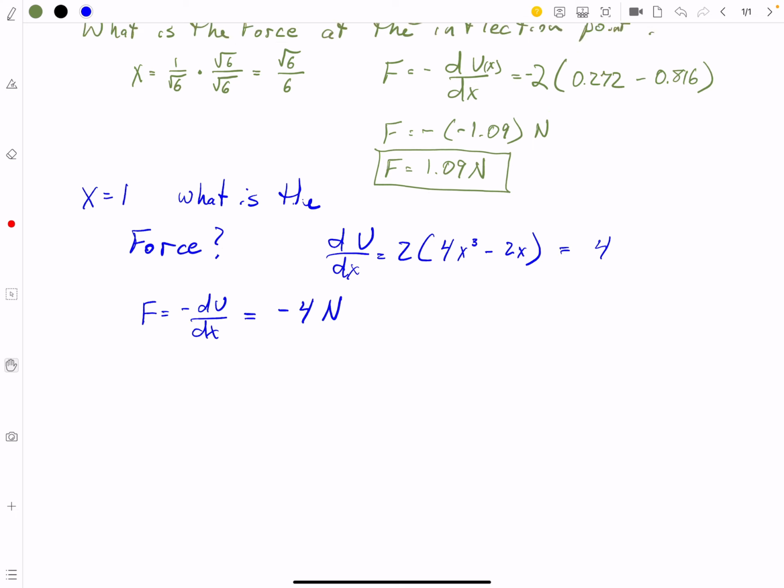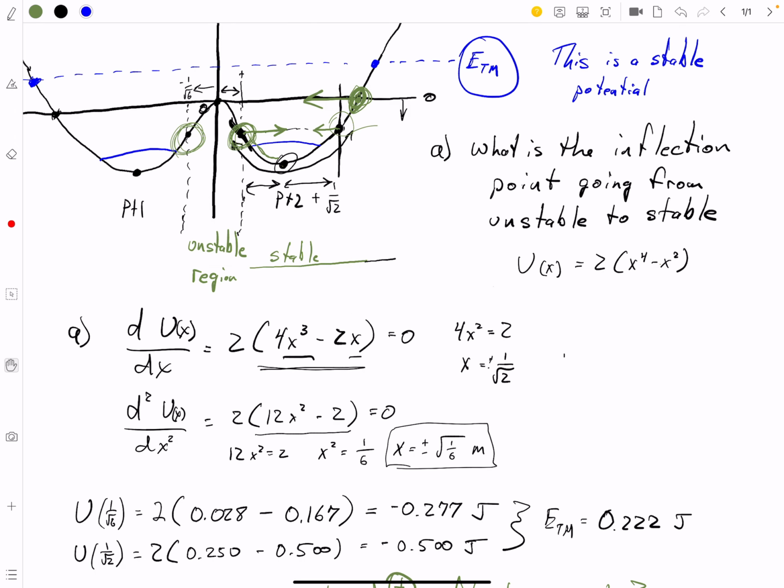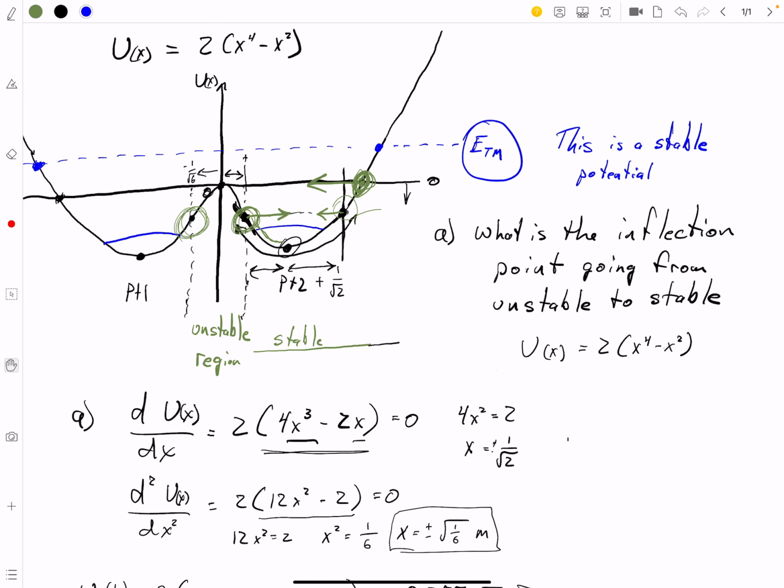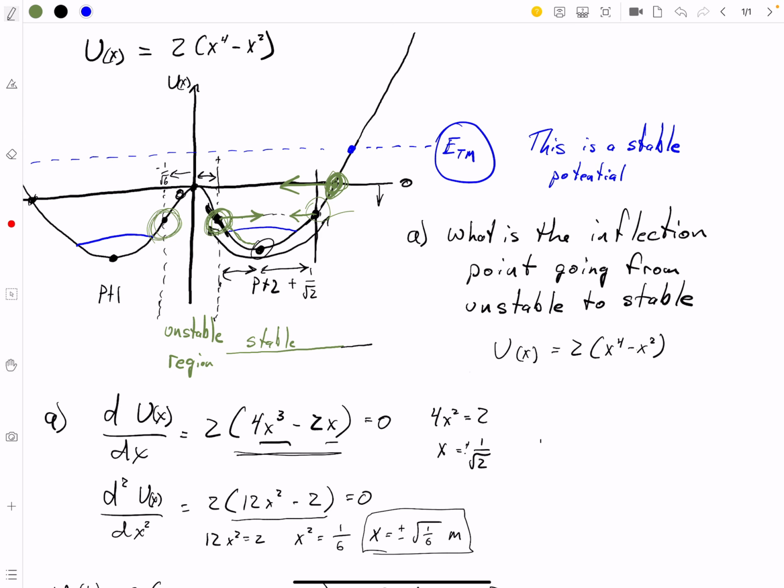And if we go back up, it's pointing in this direction, and it's a larger 4 newtons. So this curve must get steeper and steeper as it goes up, because it's the gradient, meaning the slope. So the slope already at this point is 4 for this curve.